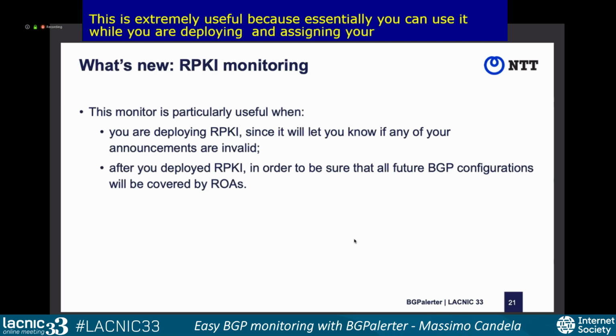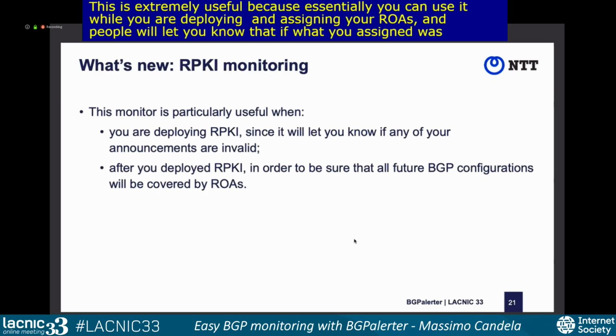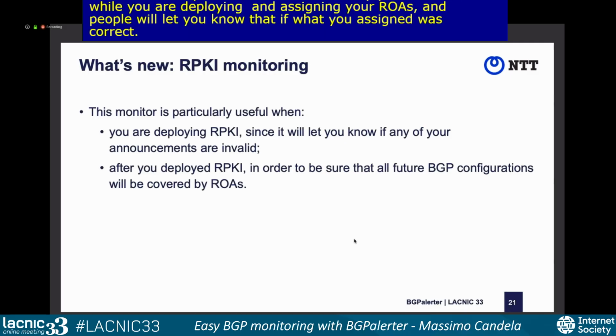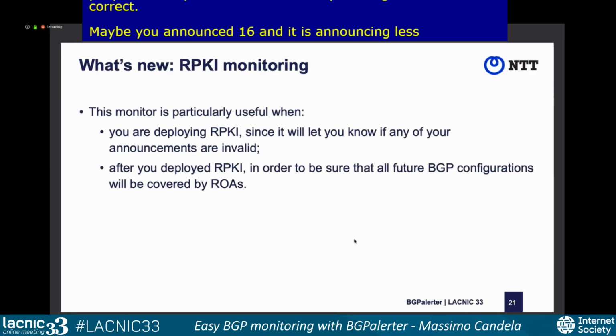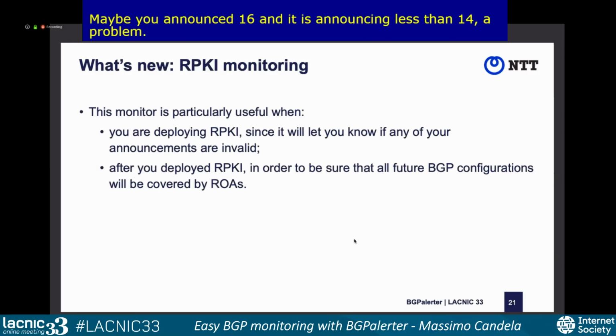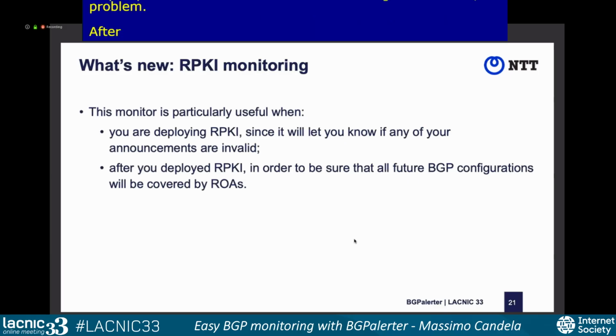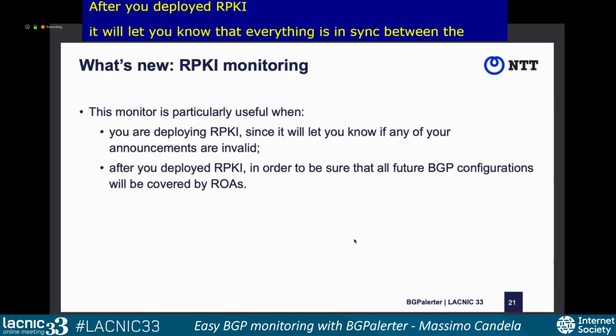For example, maybe you set too short a prefix length, and you've signed for a /16 and now you're announcing a /24. This is a problem. So it will let you know if what you're announcing is RPKI valid, and also in the long run, after you have already deployed RPKI, it will let you know if everything is in sync between the ROAs that you sign and what you configure in your network. So I think this is really useful, especially if you are moving towards RPKI deployment.